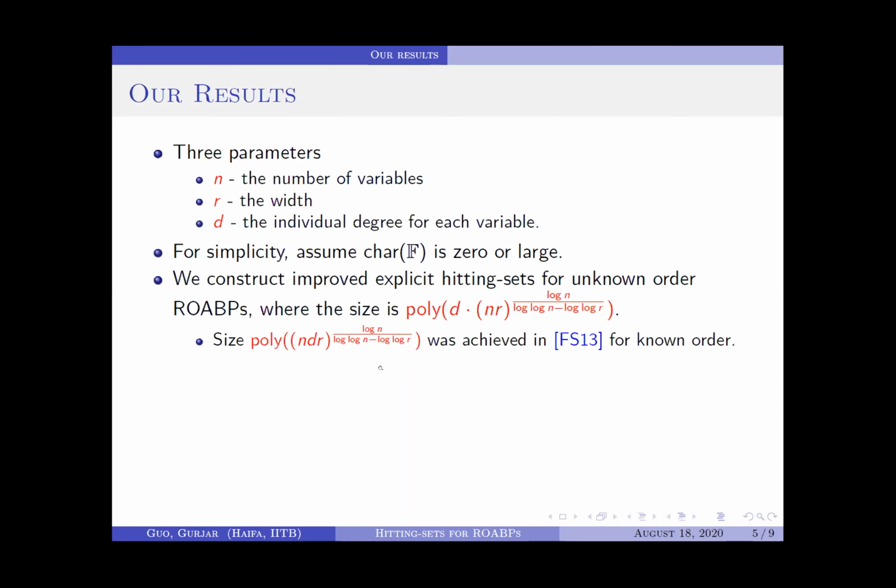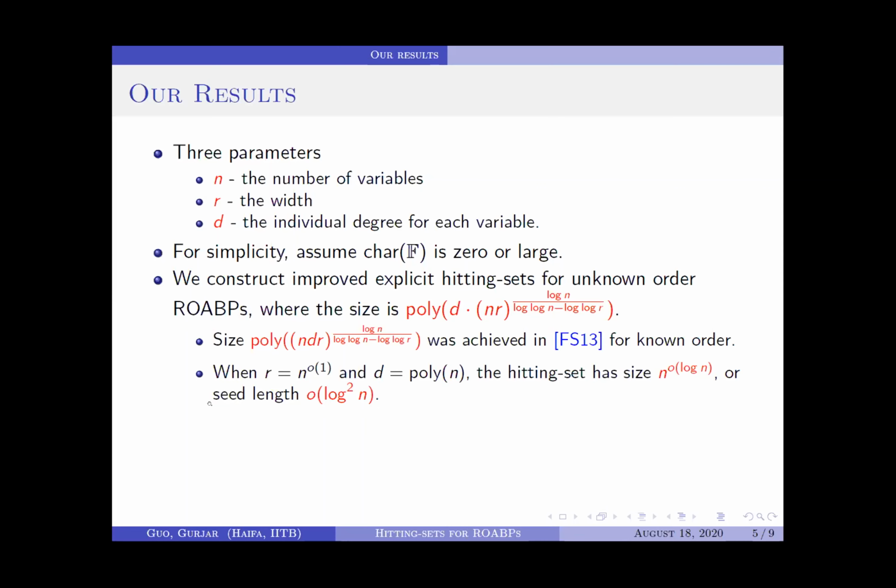A similar bound was shown by Bshouty earlier, but only for known order ROABPs. Also, their bound depends super polynomially on the degree, while our bound depends polynomially on the degree. When the width r is sub-polynomial in n, and the degree is polynomial in n, the hitting set has size n to the little o of log n.